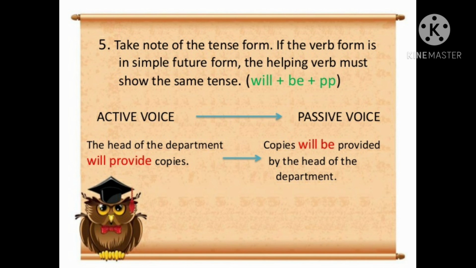Will provide is the verb here. In which tense is it written? It is written in future tense. Now we will change into a passive voice. Copies is in a plural form. So copies will be provided by the head of the department. So will provide is changed into will be provided here.